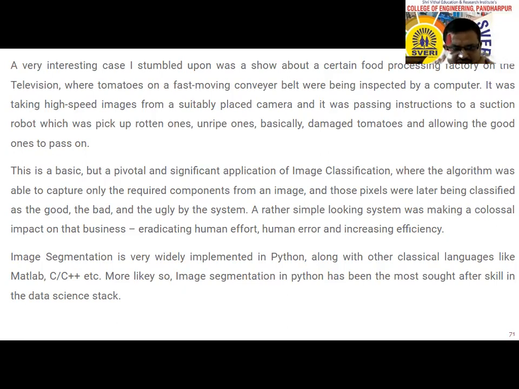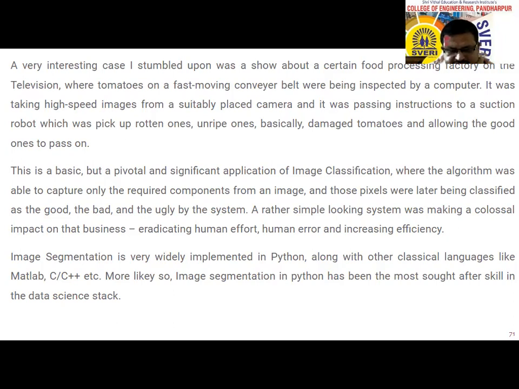This is a basic but pivotal and significant application of image classification, where the algorithm was able to capture only the required components from an image. Those pixels were later classified as the good, the bad, and the ugly by the system. A rather simple looking system was making a colossal impact on that business, eradicating human effort and human error, and increasing efficiency.